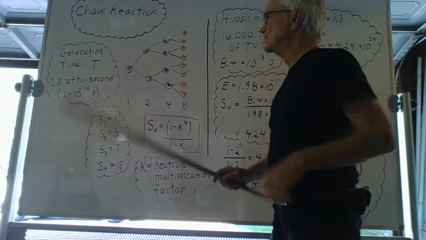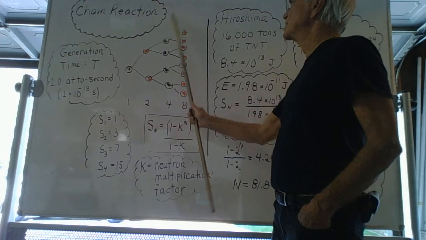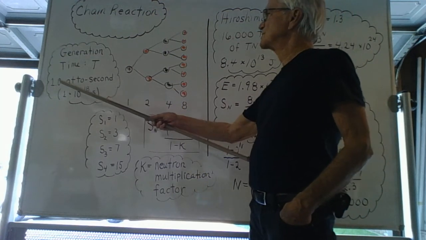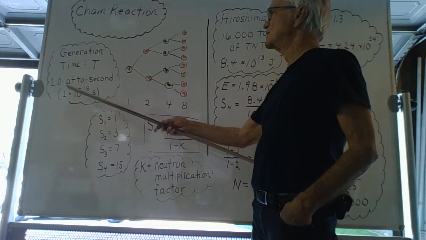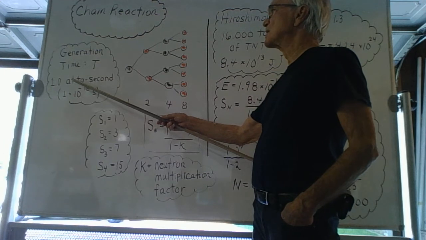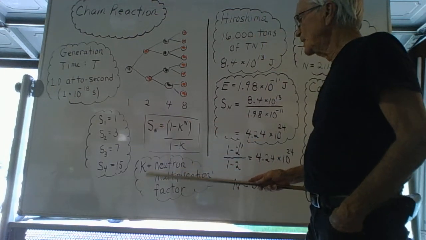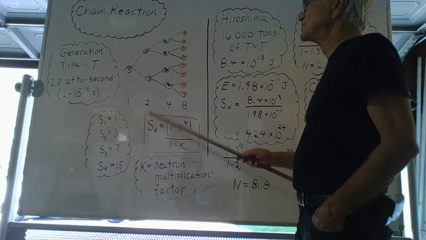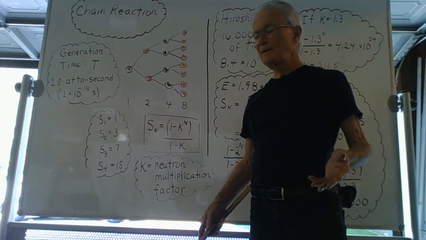Given also that the time it takes between consecutive generations, grandparents to parents to children and so on, is this very small number here, 10 to the negative 18 seconds, which by the way is 1 attosecond. If we know how many generations are going to go by, we could calculate how many seconds it will have taken for that many generations to have been born.